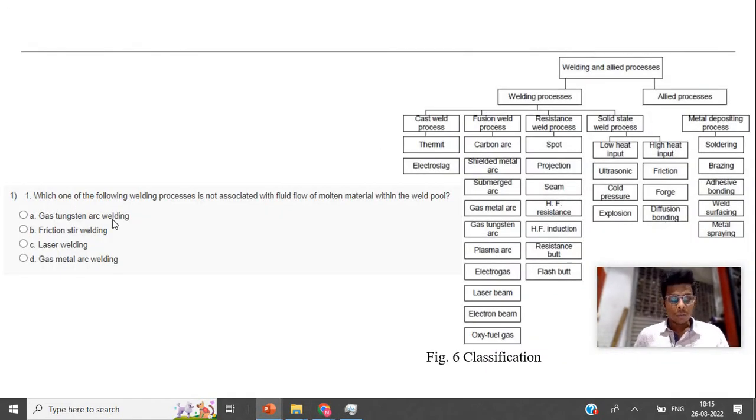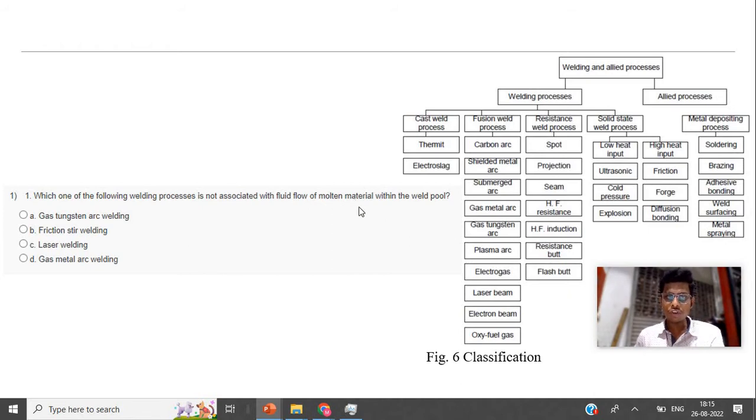Okay, so the question again: in which of the processes will fluid flow of the molten metal not be there? First we'll check the options: gas tungsten arc welding, friction stir welding, laser welding, and gas metal arc welding. Gas tungsten arc welding, gas metal arc welding, and laser welding all come under the fusion welding processes. This means the electrode or the base plate is melting, and the temperature generated is more than the melting point.